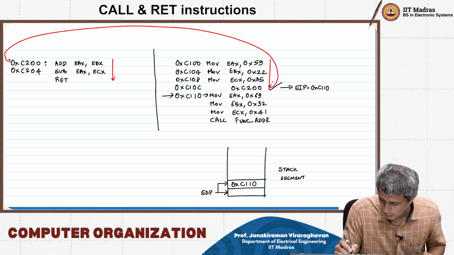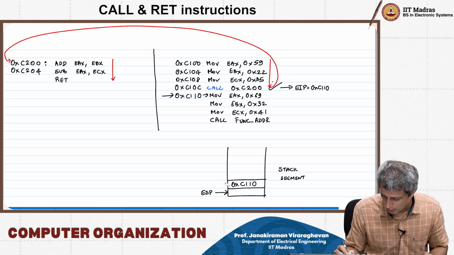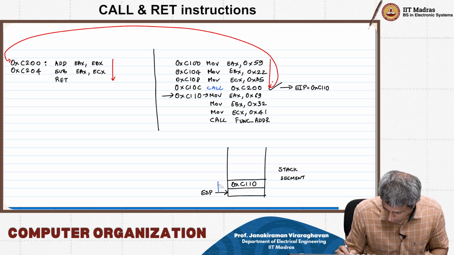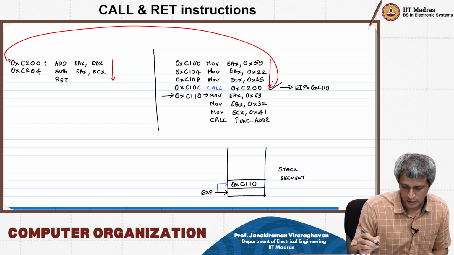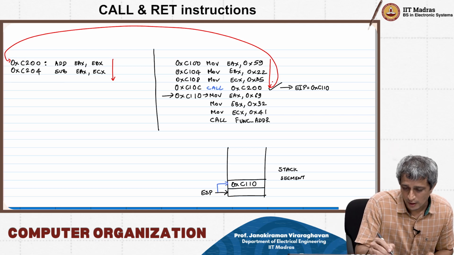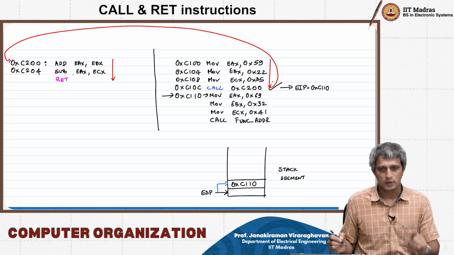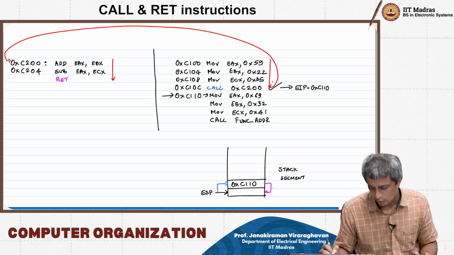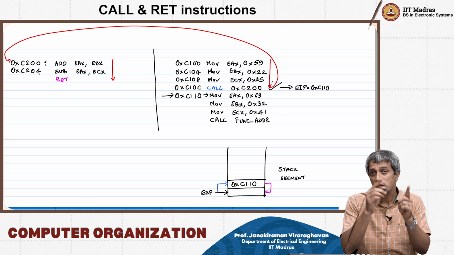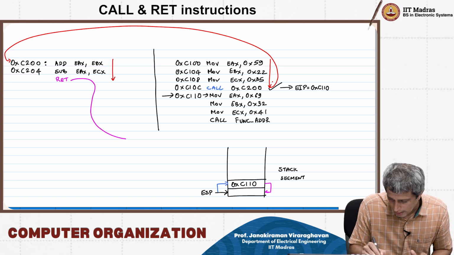Let me color code this. When you do a call, the stack pointer decrements like this, and this I will write in magenta. When you return, the top of stack is now popped onto the EIP, and you continue from there onto this point.